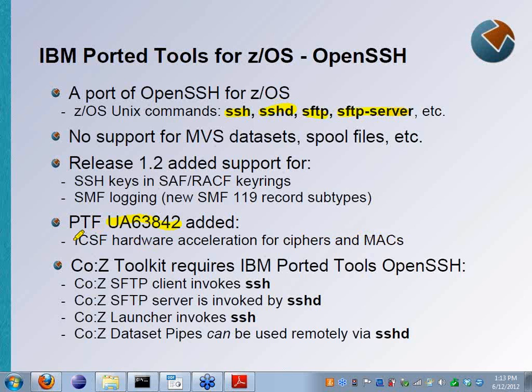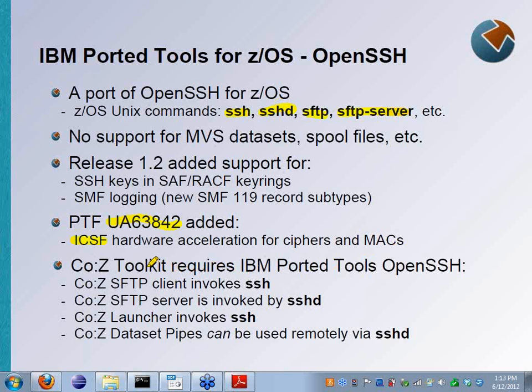This is done through ICSF programming APIs, so you have to have ICSF started and do a little bit of configuration. But once you do this, what most of our customers are seeing is around a 60% decrease in the CPU usage of SSH, just SSH. So that's really, really interesting to most people.